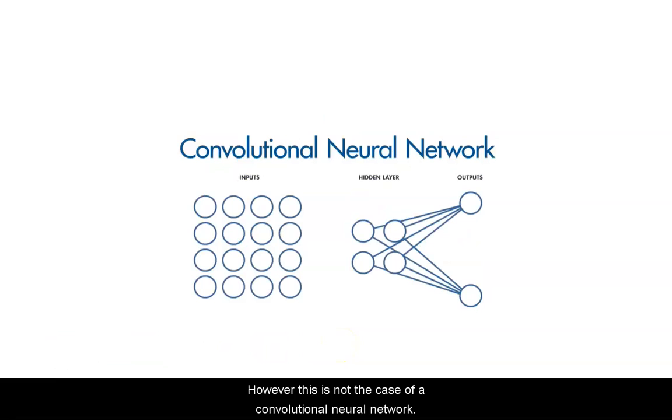However, this is not the case in a convolutional neural network. In a CNN, we have this concept of shared weight and bias values.